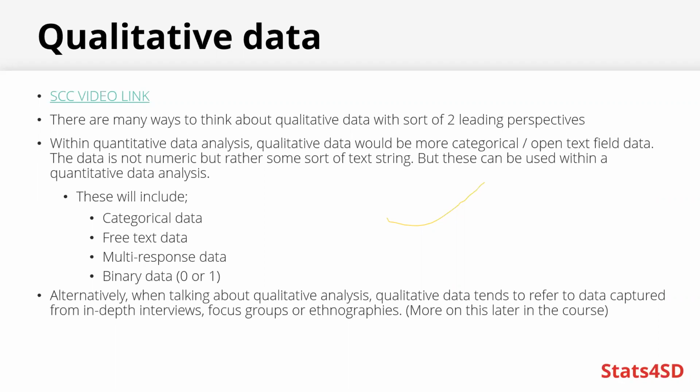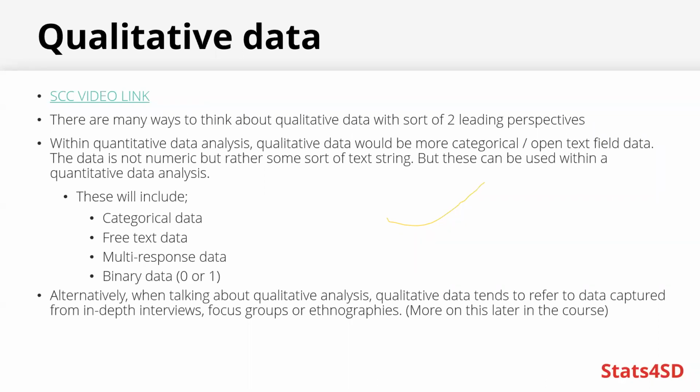So this could be, what is your sex, male, female, other, or a free text field where there was already a multiple choice question and you've picked other, and then you are asked to write in specifically what you mean by other. And these sorts of bits of data can easily be found in a data set.